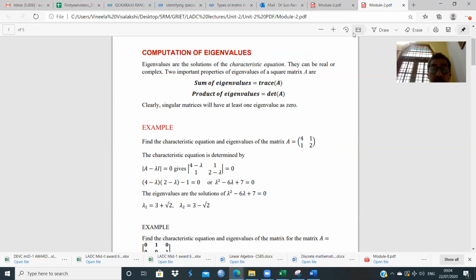So we solve this and we get lambda is equal to 3 plus or minus root 2. So both the eigenvalues are real. And one observation that can be made straight away is that the given matrix A is symmetric and its eigenvalues are real. So this can be remembered as a fact that any symmetric matrix will return only real eigenvalues. Of course, the values can be positive, negative, and sometimes 0 also.